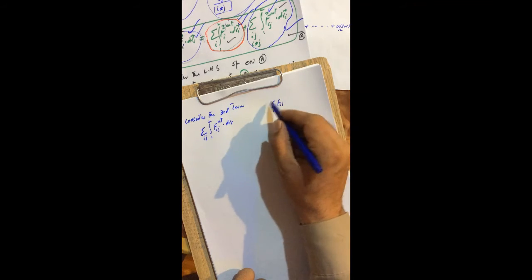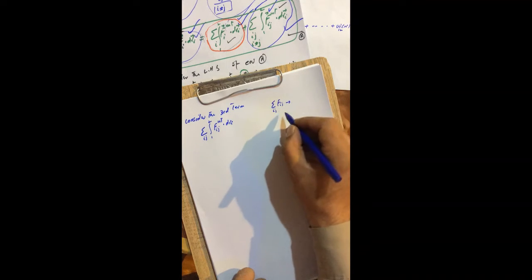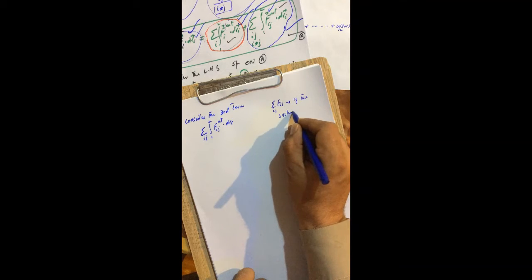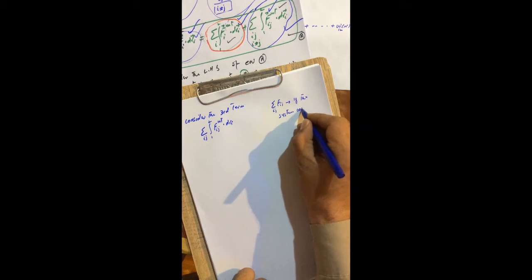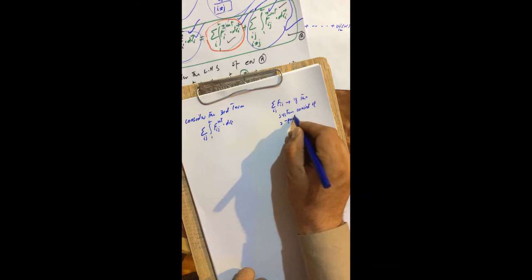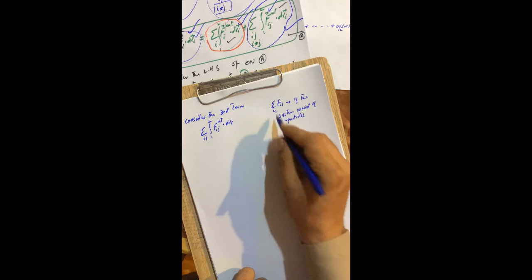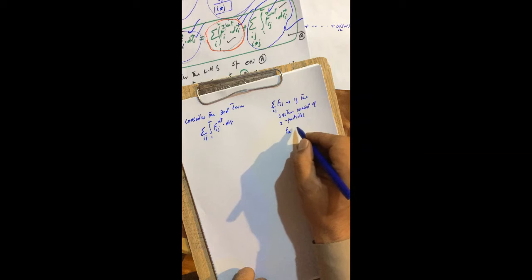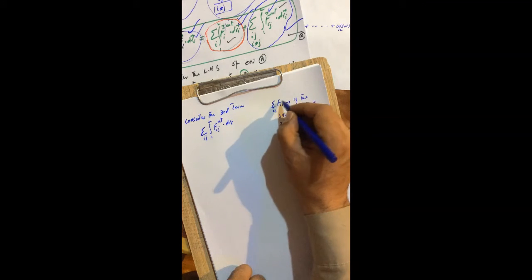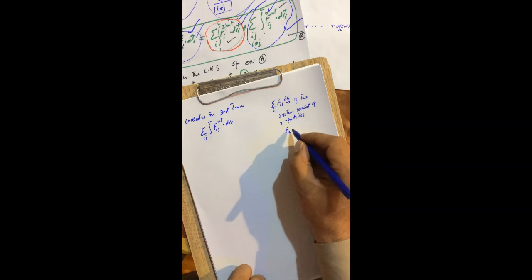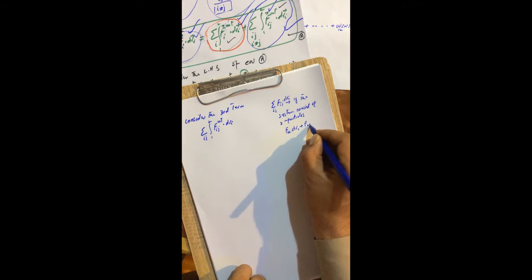If the system consists of two particles, then this summation can be written like this: F12 dr1 plus F21 dr2.